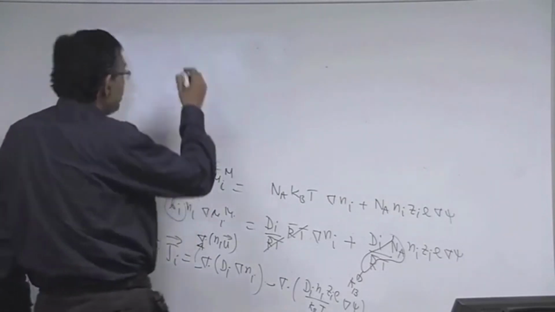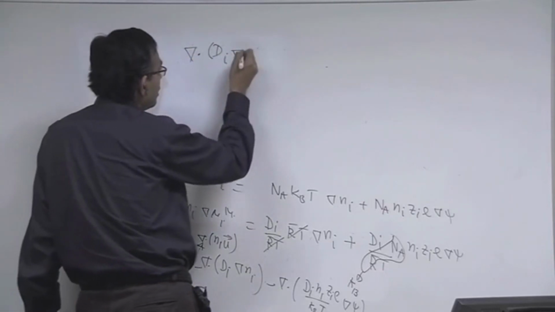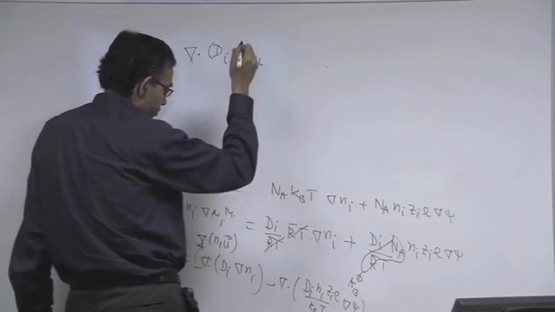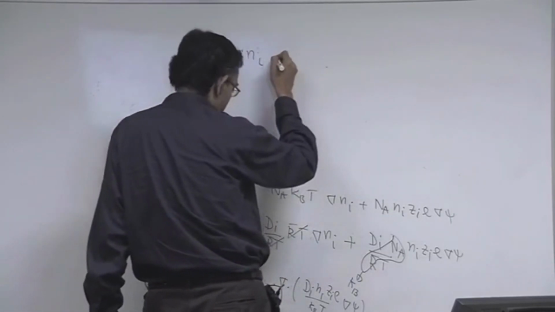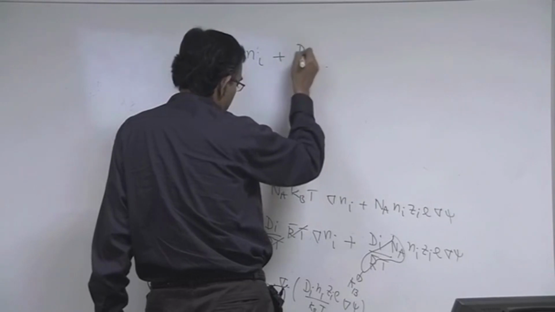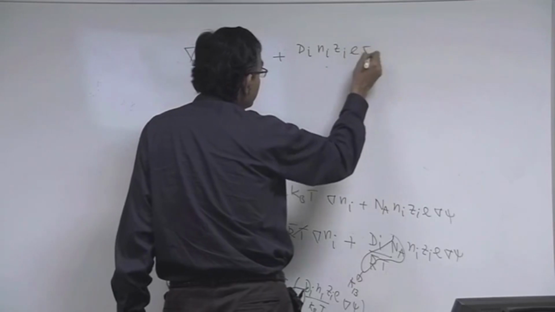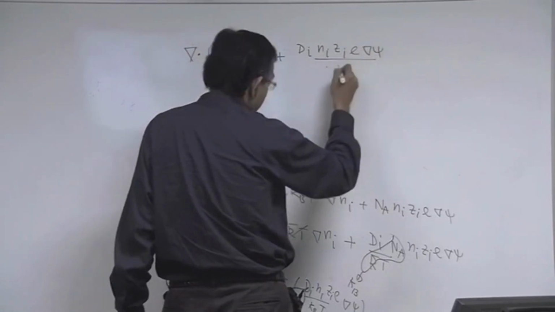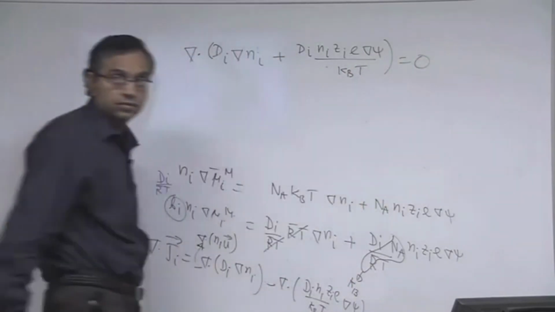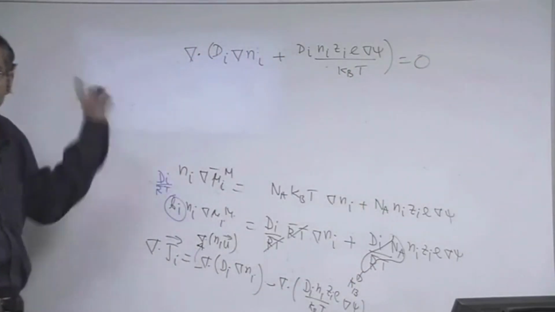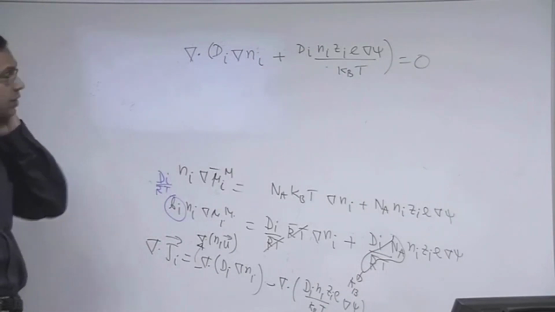So you have del dot Di del Ni plus the electromigration term, if the unsteady and the fluid flow term is not there, right.